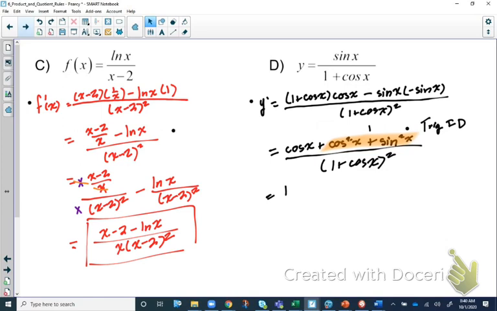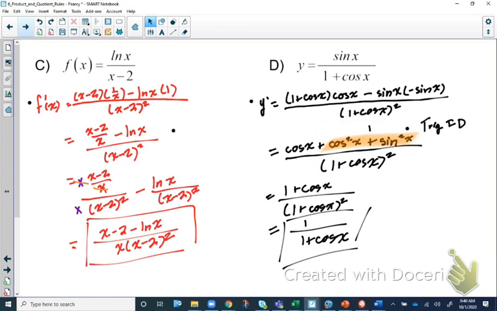I'm going to write it as 1 plus cosine of x, so that way you can see that it'll match what we have in the denominator. And so we have common factors in the numerator and the denominator, so they simplify to be 1 over 1 plus cosine of x. And there is your derivative for y in example D.